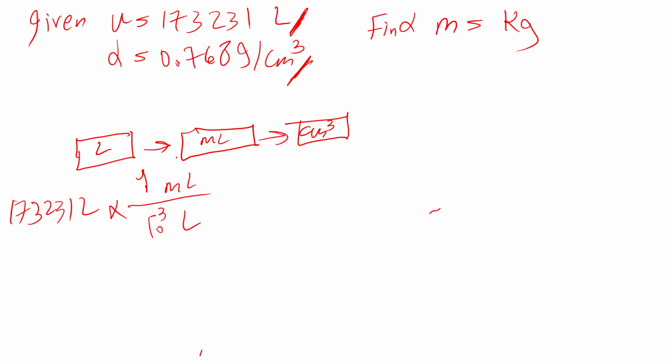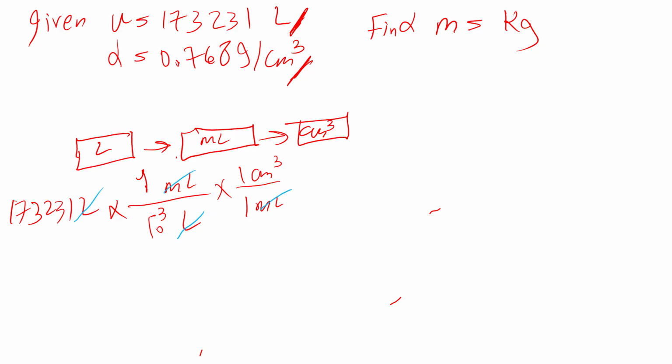You can also write it the other way: 1000 milliliter is 1 liter. Both work for me. Then liter cancel out each other and you remain with milliliter. Now you need to go from milliliter to centimeter cube. And as you know, 1 milliliter is 1 centimeter cube, so they cancel out each other.